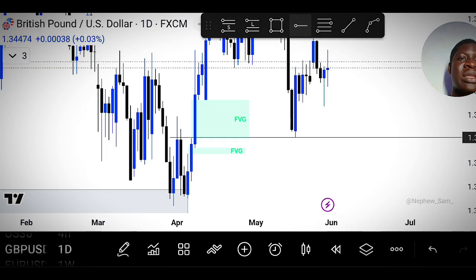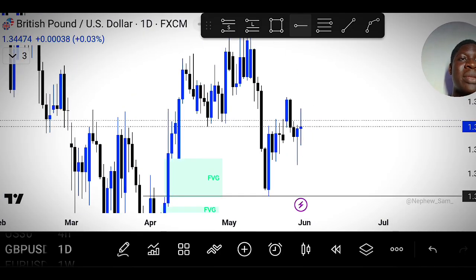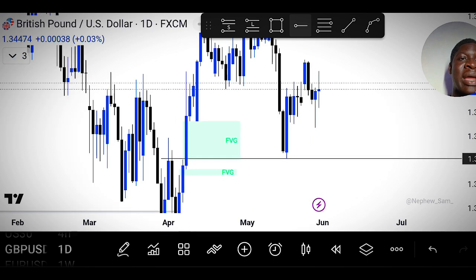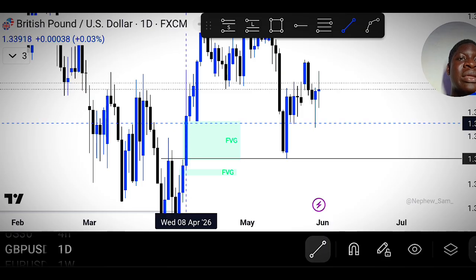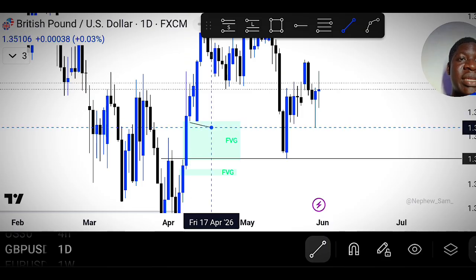So now the market respected this breaker block, the daily time frame breaker block. That's what the market respected at this area. The daily time frame breaker block has a fair value gap and inducement.